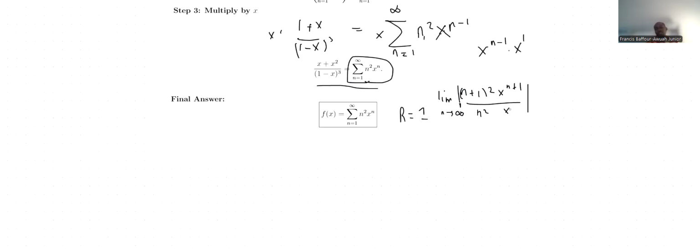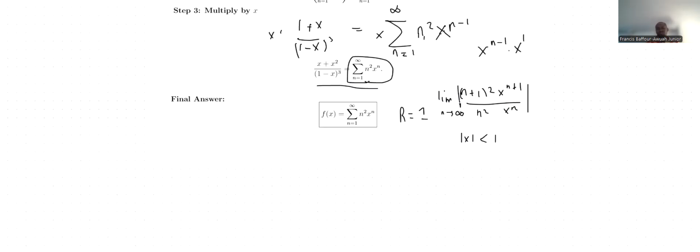Now, what do you see here? The (n plus 1) squared over n squared, if you take your limit as n goes to infinity, that's just going to give you 1. Now here is x to the n plus 1 over x to the n, and this is going to give you just x. So you end up with this limit giving you the absolute value of x. And we know for the geometric series, we need the absolute value of x to be less than 1 for it to be convergent.